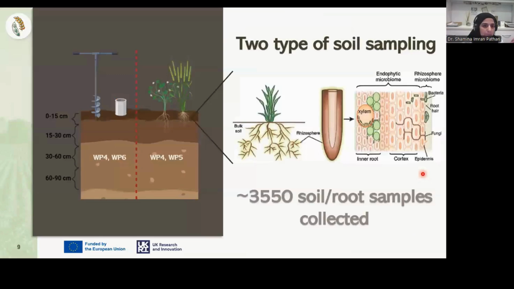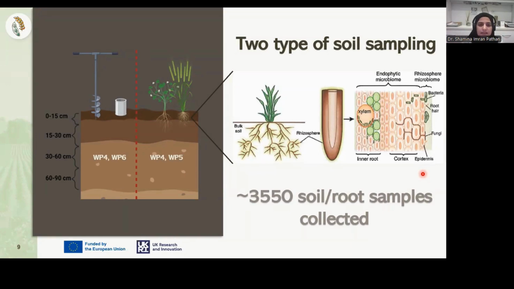I will not go into much detail about the other data sets. I will focus on the soil data set because this webinar is more about soil fertility and soil health. You can see that we have collected different kinds of soil samples. We collected soil from the topsoil and also down to 90 centimeters.